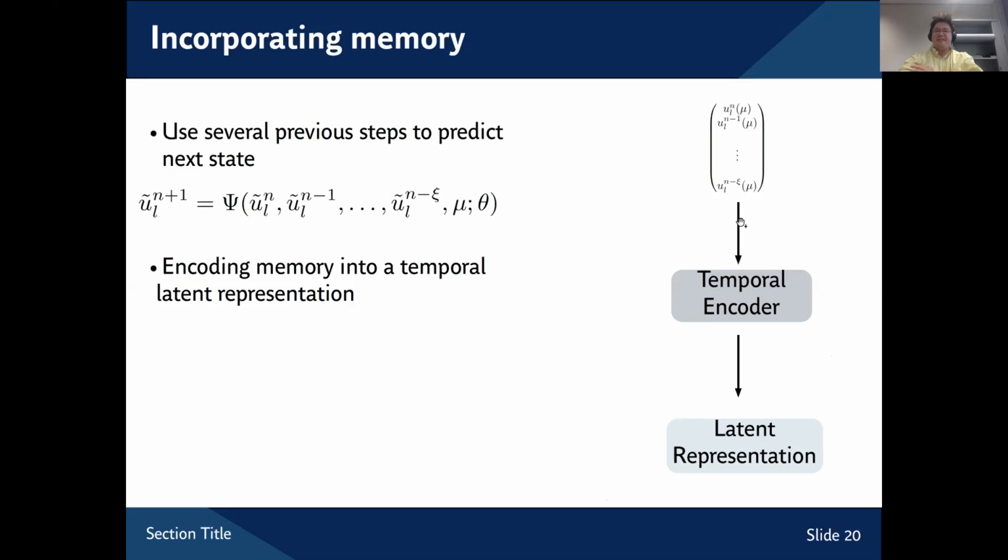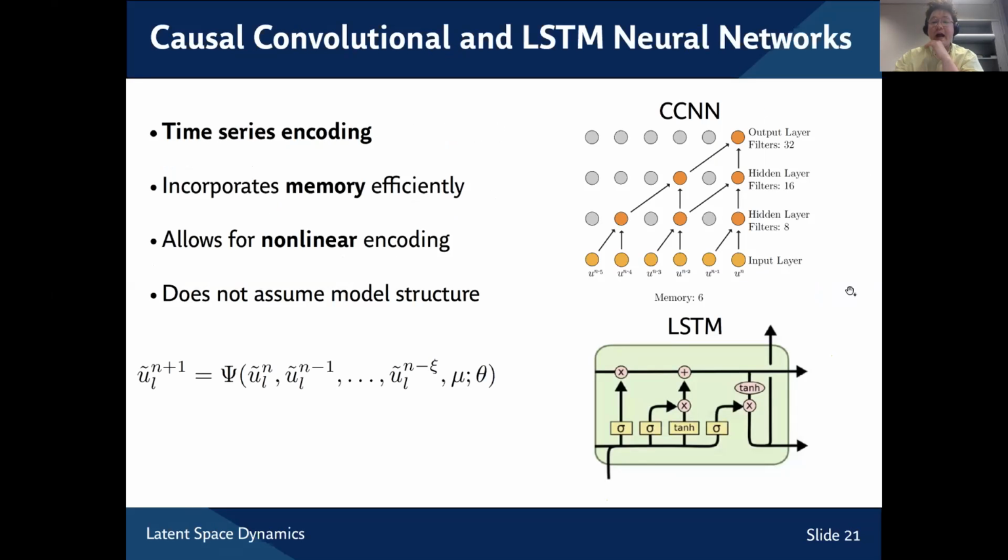The way we do this is basically encoding the previous states using a temporal encoder, and then from there we advance the state. I particularly looked into two different time series encoding neural networks. One is called causal convolutional neural networks, and the other one is called LSTMs, long short-term memory neural networks.